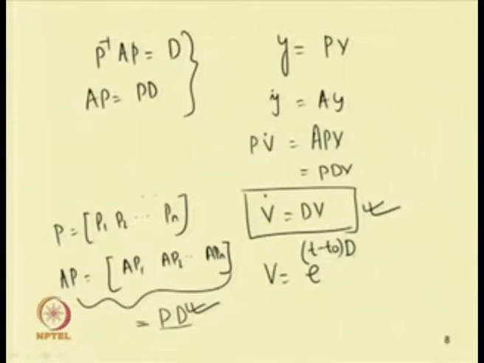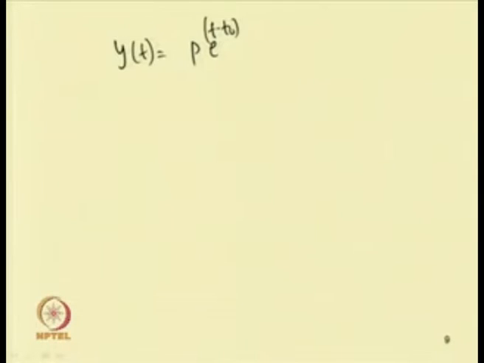Here V 0 equals V at t equal to t 0, which can also be written as P inverse y t 0. Substituting this in our original equation, we can write y t equal to P e to the power t minus t 0 D into P inverse y t 0.